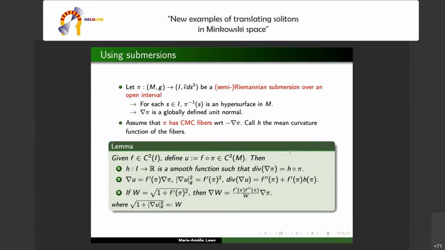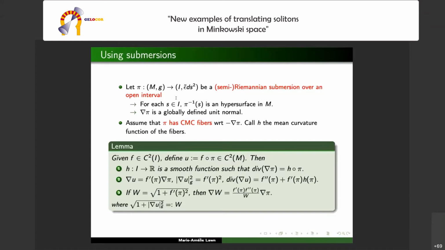But now back to something I have talked a little bit about before. We saw that in the case of rotationally symmetric solitons, our PDE reduced to an ODE. And this is an example of a much more general fact, actually. Let me first give the general results. So we have our manifold M, and we assume that it's a semi-Riemannian submersion over an open interval.